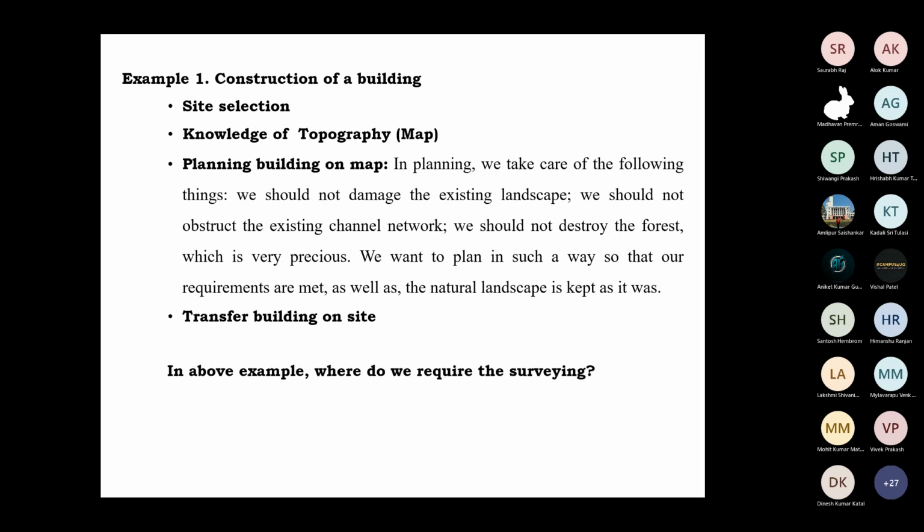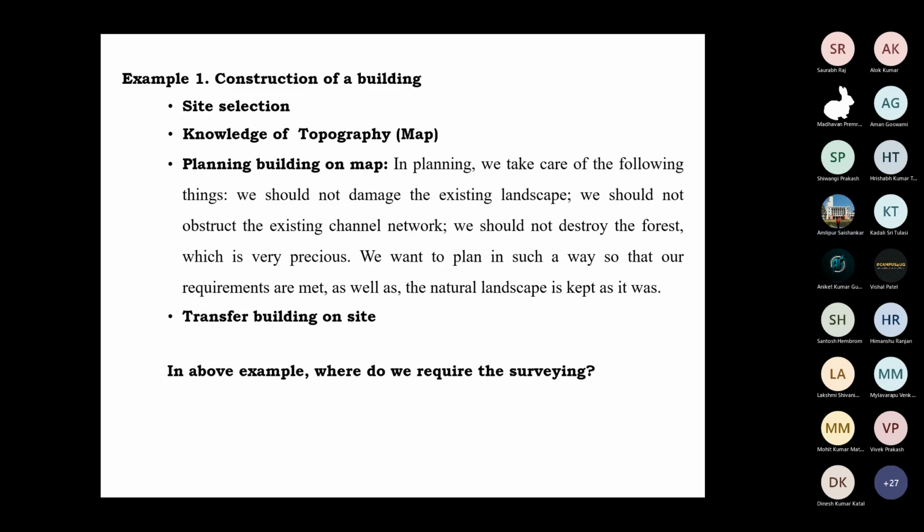Now can you tell me, in the above example, where do we require surveying? Where is the role of surveying? The site selection. Site selection, okay. And sir, planning, the knowledge of topography.